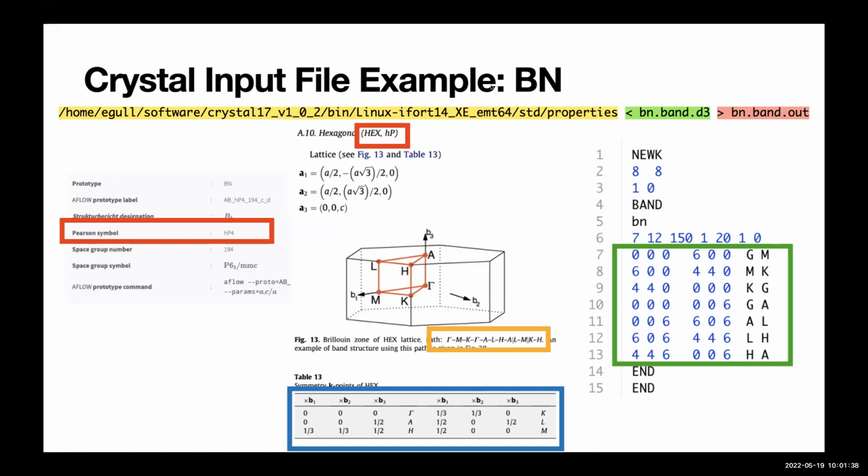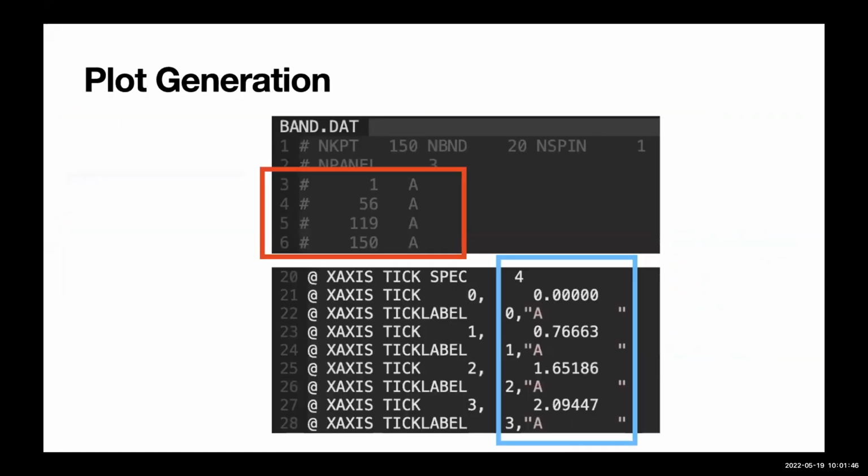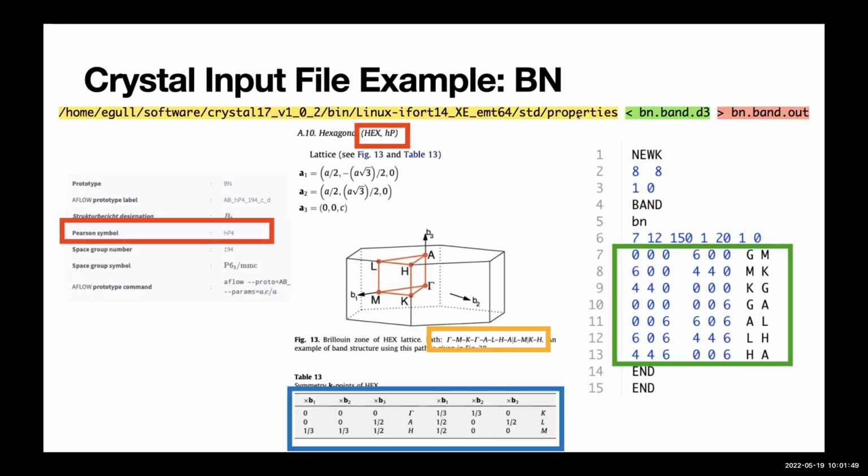And to run this input file, like I mentioned before, we need a new executable called properties instead of crystal. So you really have to pay attention here. Again, I'm not sure if this path is still working. It's the path I used the last time I ran the crystal calculation. Just to mention one more thing, a full list of keywords for conducting property calculations can be found on page 259 of the manual.